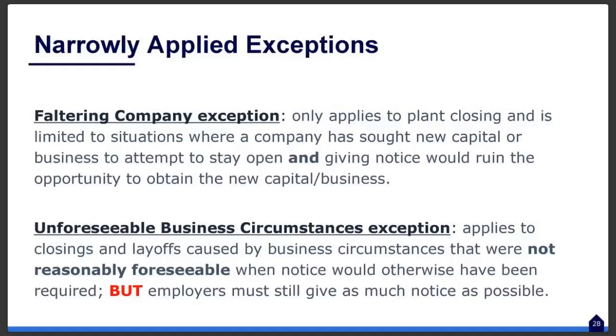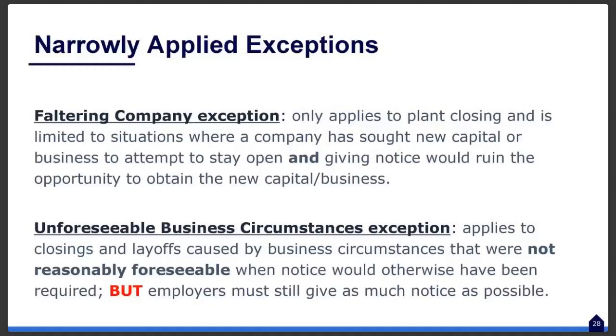Suppose, for example, that your company is in negotiations with a significant customer about whether you will or won't retain or get a new contract that would support the business indefinitely going forward. It wouldn't necessarily help the sale process to publicly give notice that the company is on the brink of shutting down. So there is that exception.